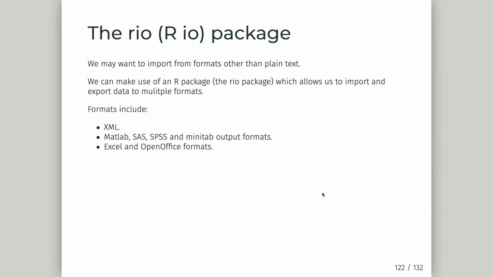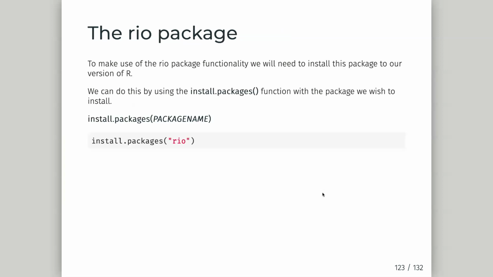Excel, OpenOffice, XML, all these formats you may want to read, right? There is a package someone's written to parse each of these, but we don't necessarily want to install 12, 15 different packages to deal with them. So we can just install this rio package, and it's going to install all these other packages for us and give us a really nice way of interacting.